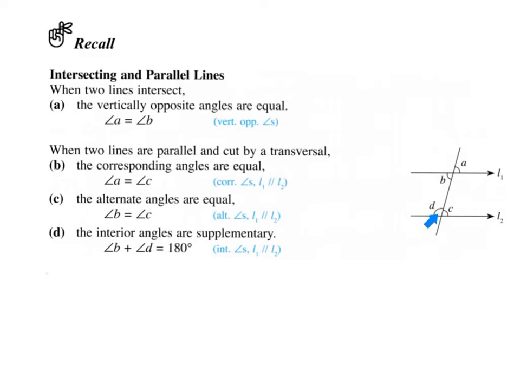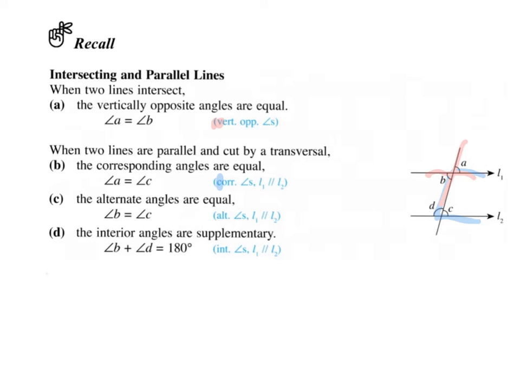When two lines are parallel and they are cut by a transversal, we also have angle A equal to angle C. The reason is corresponding angles. Another way to remember corresponding angles is that it looks like a letter C. Just like how corresponding starts with the letter C, and vertically opposite starts with the letter V, just like how in the diagram it looks like a letter V.